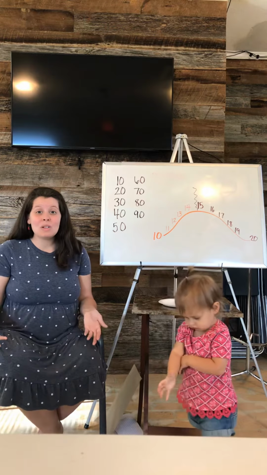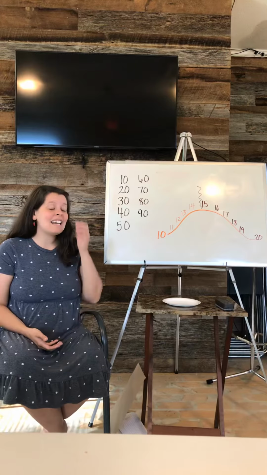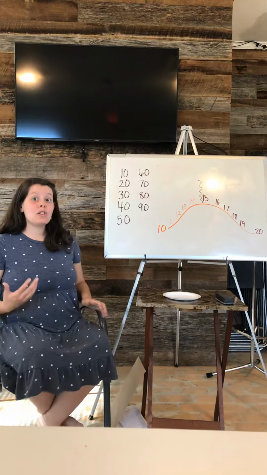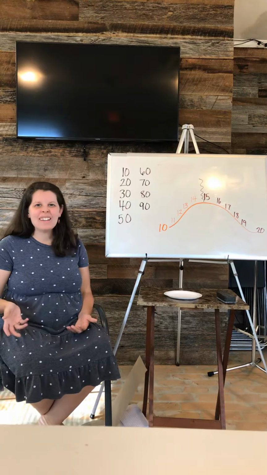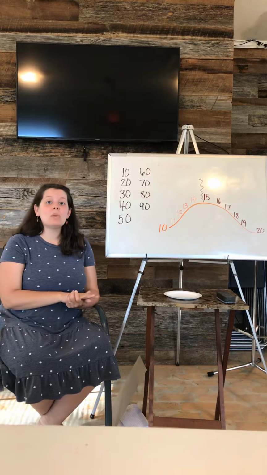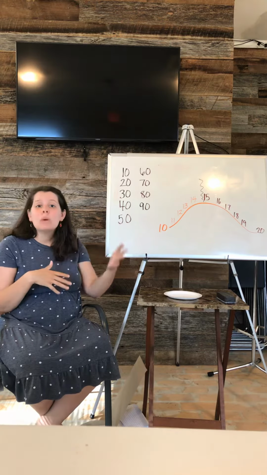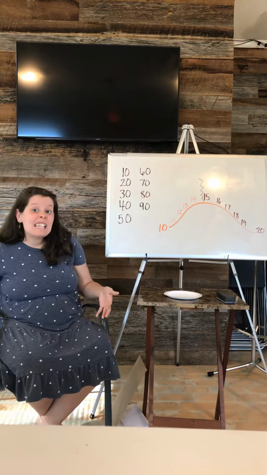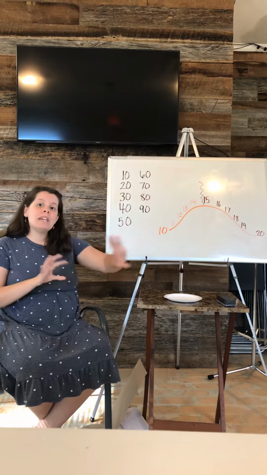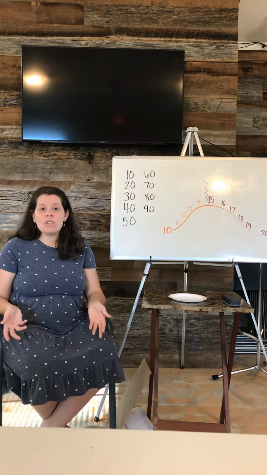But one of the big new things that you're going to see this week is rounding to 10. Okay? Rounding to 10. It's going to be really fun and exciting, and I'm excited to teach it to you. So the first thing that we're going to talk about is what is rounding to 10? Rounding to 10 is taking a number that's between two different groups of 10, so 20 and 30, or 50 and 60, or 70 and 80, and rounding it or moving it and saying, well, it's closest to this number or this number.